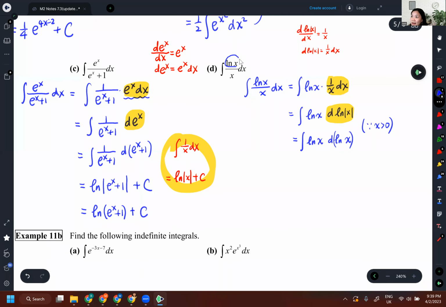The technical term is called the domain. It's naturally narrowed down by the symbol which is defined that way. So in this question, we know x is positive and x cannot be 0, obviously. Otherwise, it's undefined. Therefore, the absolute value sign can be lifted.